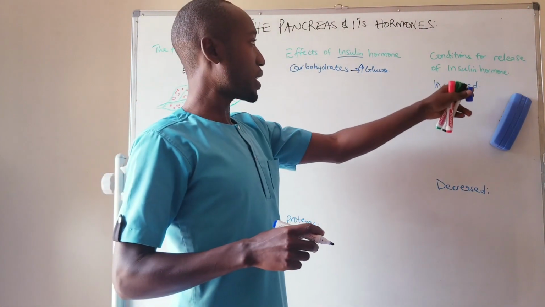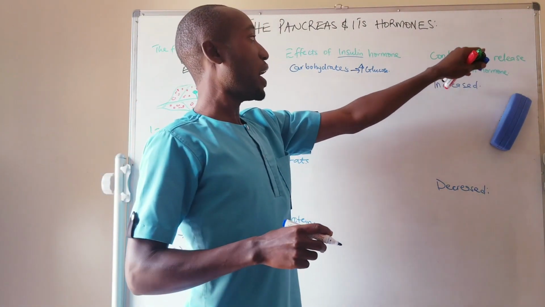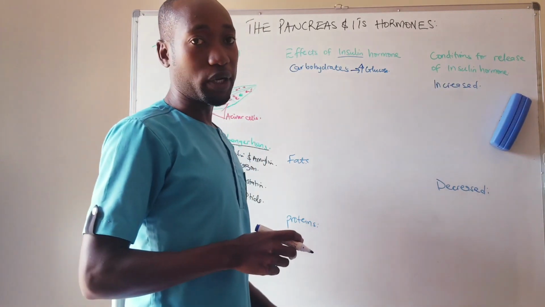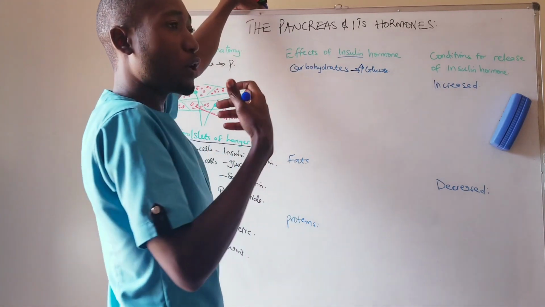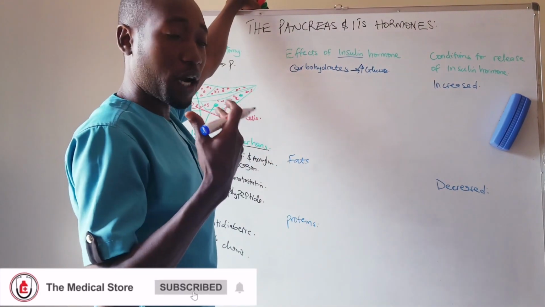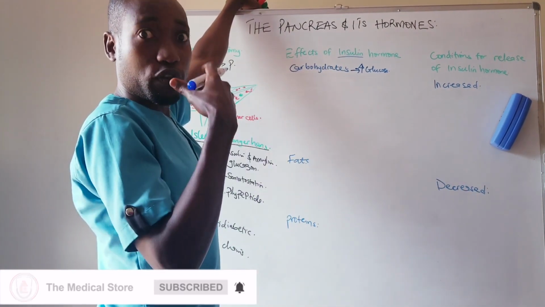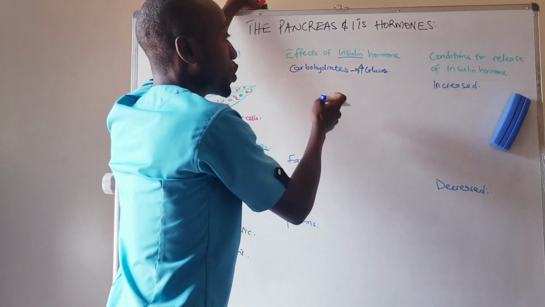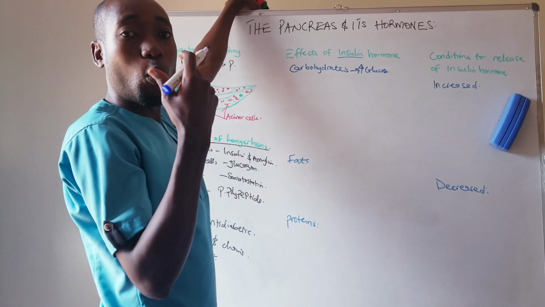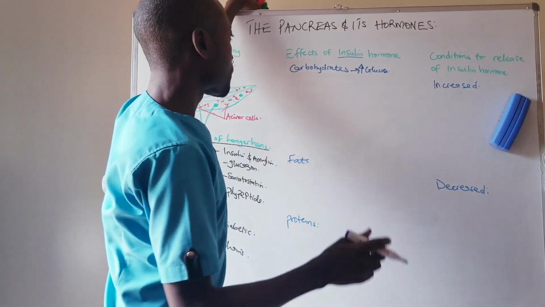We are going to look in detail at the conditions that relate to the release of insulin hormone. But as of now, let's look at carbohydrates. When you eat foods with a lot of carbohydrates, you're going to produce a lot of glucose in return, and this increased glucose is going to lead to release of insulin. And what is insulin going to do?